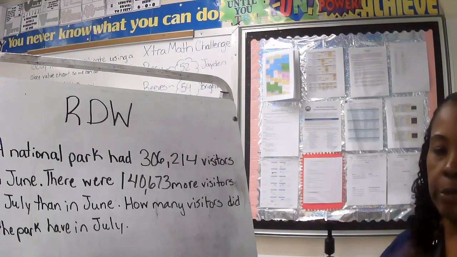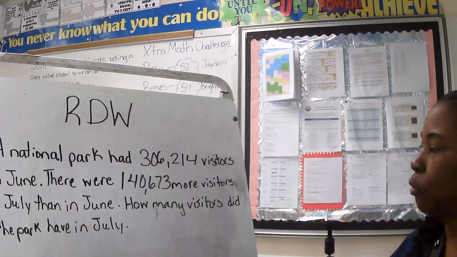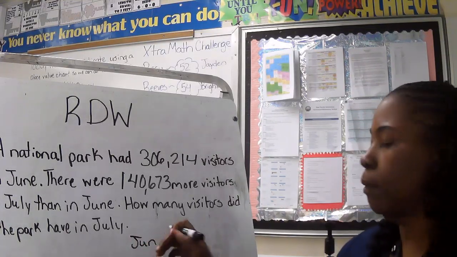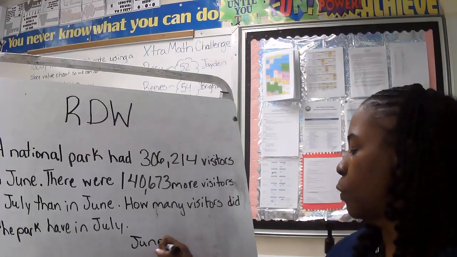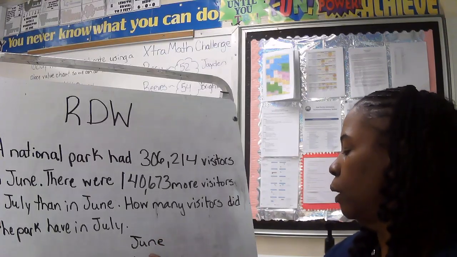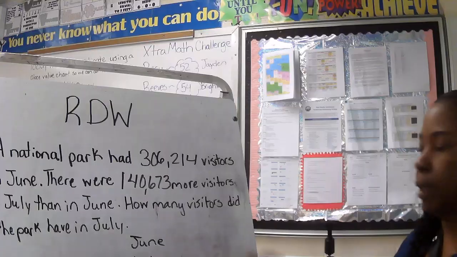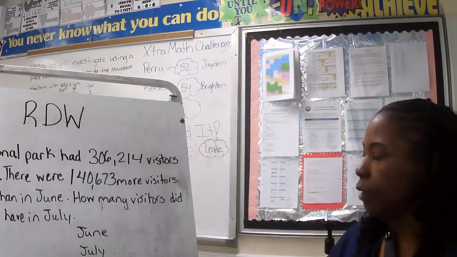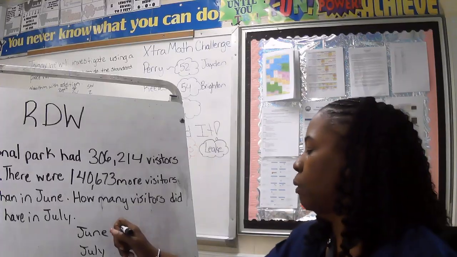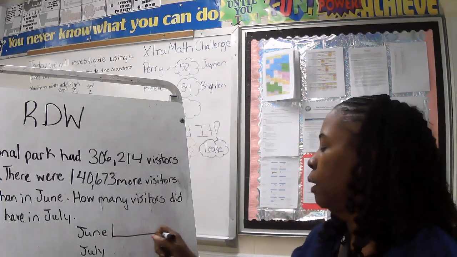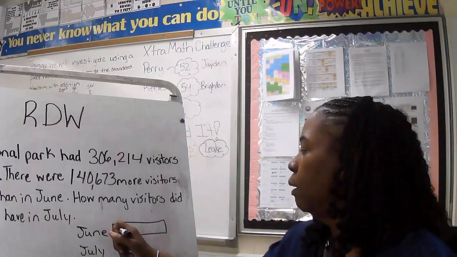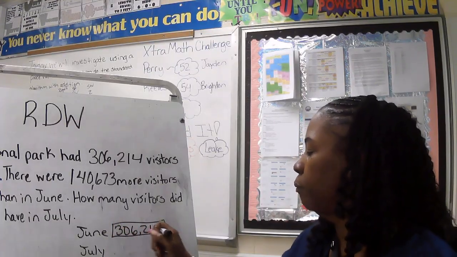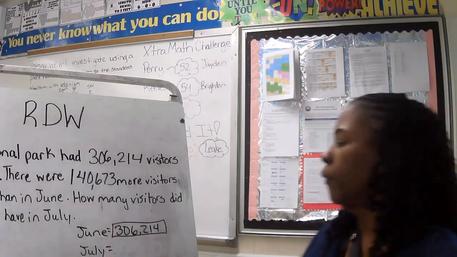So I know I'm talking about two things, and this is June and July. So I'm going to just write out June, since both of them start with J-U. Just going to spell the whole word, June, and then here is July. Okay, so for June, it told us that it was 306,214 visitors.